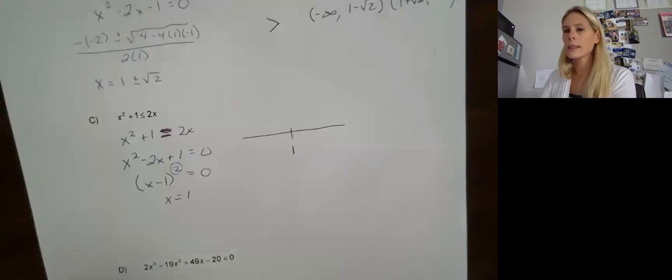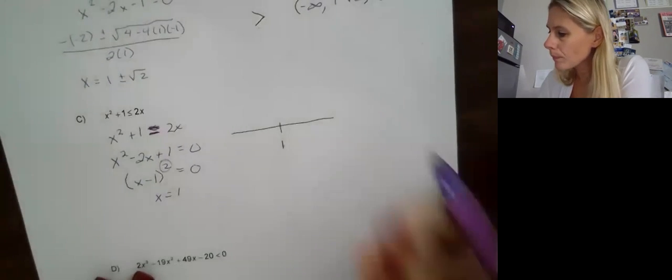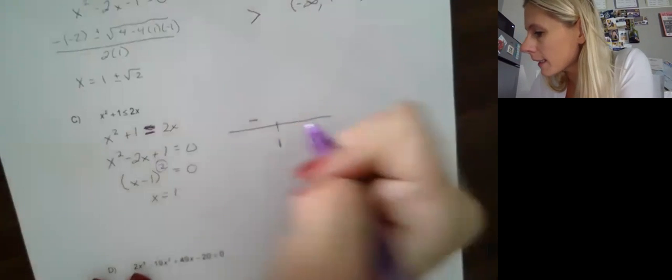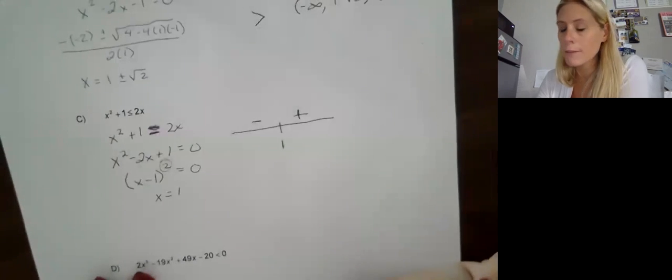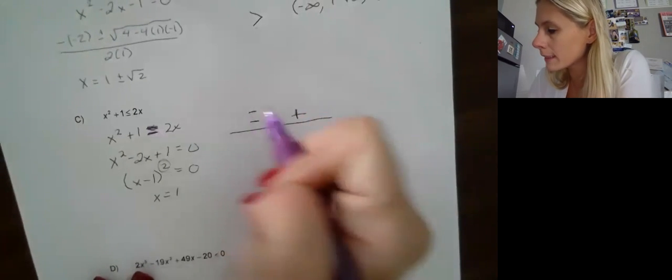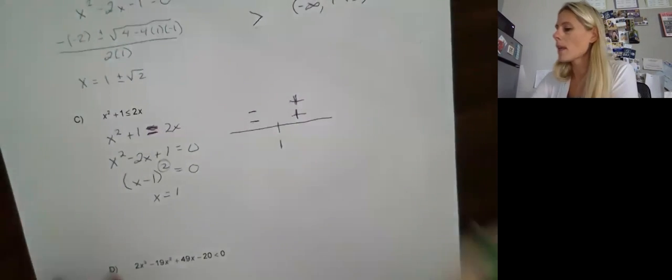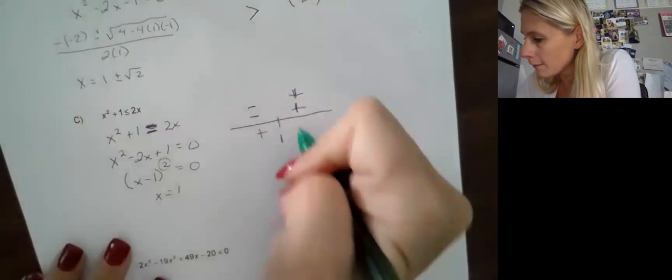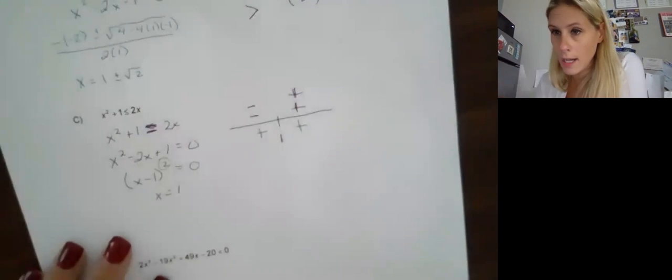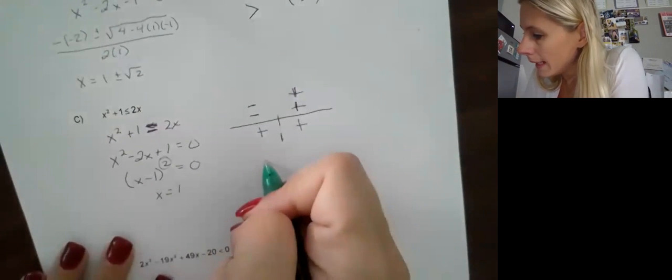Okay, so let's look at 1. Everything to the left is negative, everything to the right is positive. Now, because it's the multiplicity of 2, I'm going to copy that same row again. Okay, that would be a positive and a positive. Now, keep this in mind.